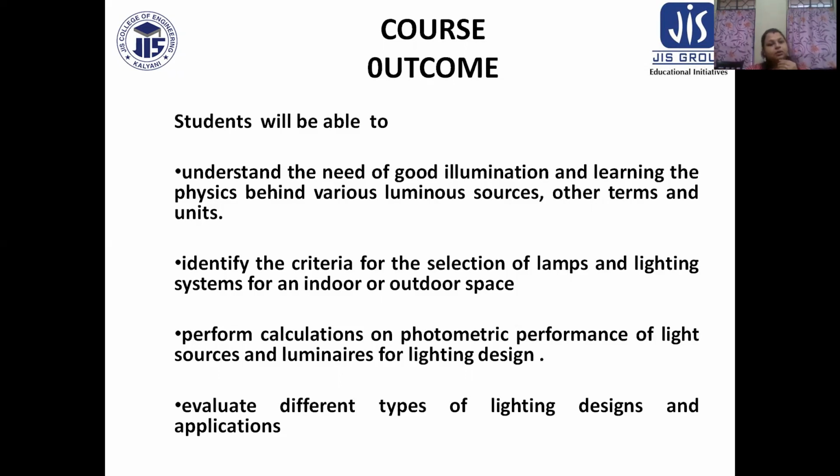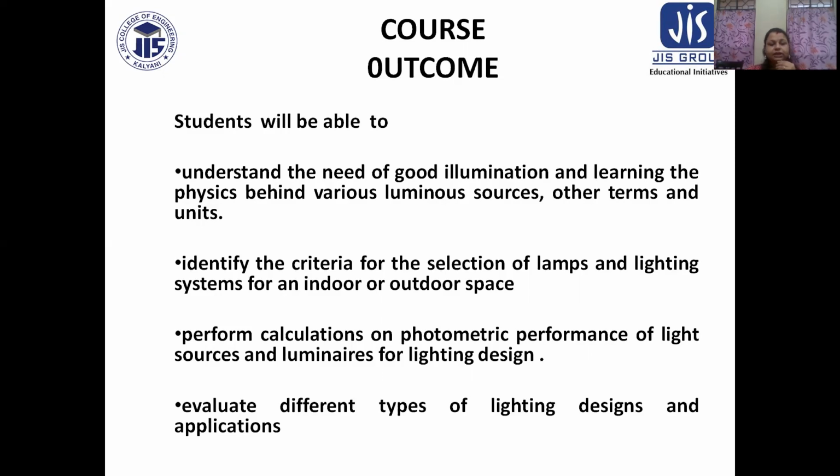So what are the course outcomes after completion of this subject? What will students be able to do? They will be able to understand the need of good illumination and learn the physics behind various luminous sources, other terms and units.